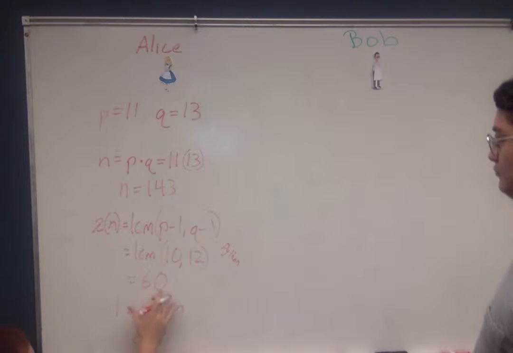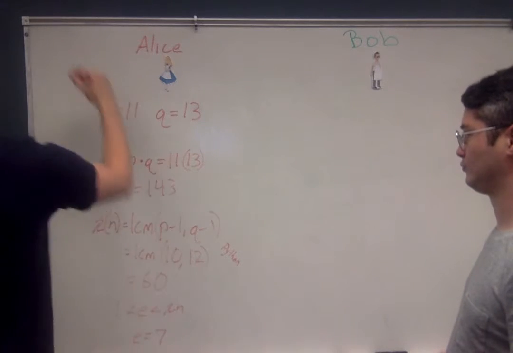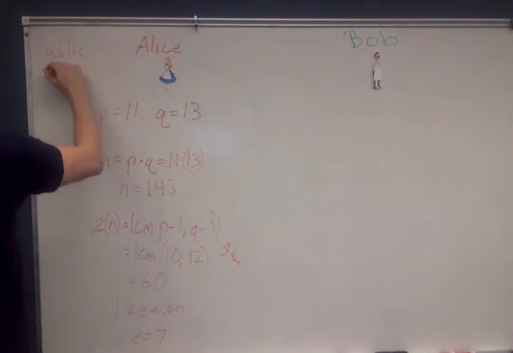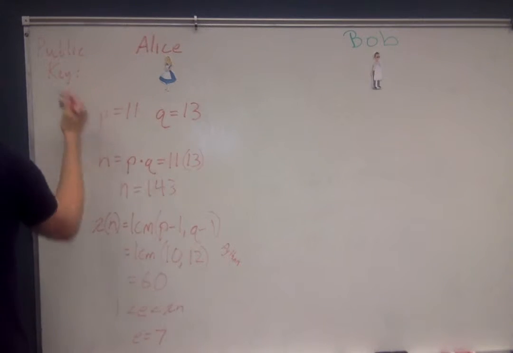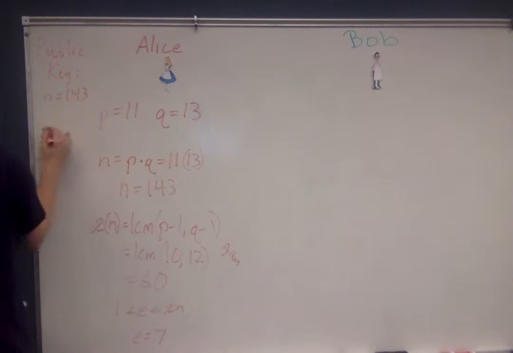If it has to be between 1 and 60, notice how these are relatively prime, meaning that they have no factors in common. This is going to make up the other part of Alice's public key. So the public key is comprised of N equals 143 and E equals 7.